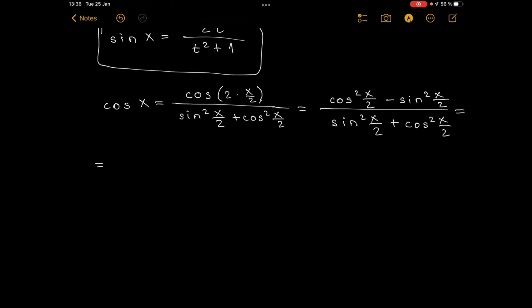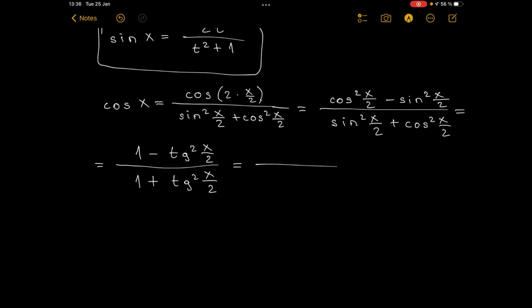Again, we're going to be dividing both the numerator and the denominator by cosine squared of x over 2. So we'll get 1 minus tangent squared of x over 2 over 1 plus tangent squared of x over 2.